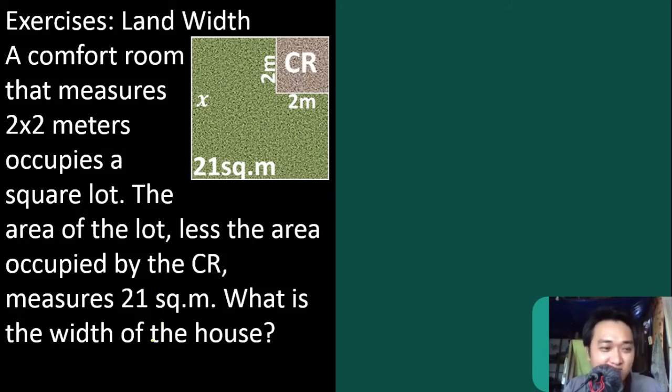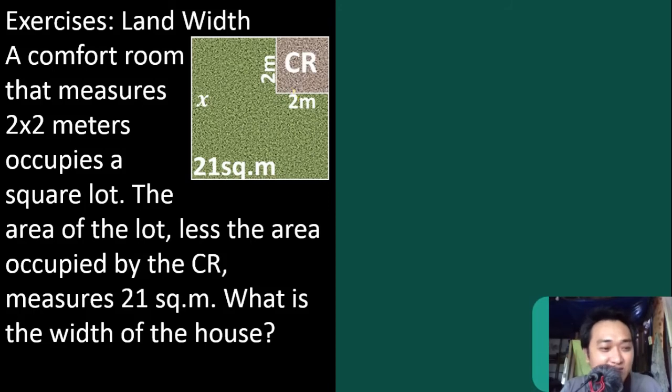What is the width of the house? Let us understand the phrases one by one so we understand better. From this illustration, suppose we have a square lot. The area occupied by the CR is 2 by 2 meters.